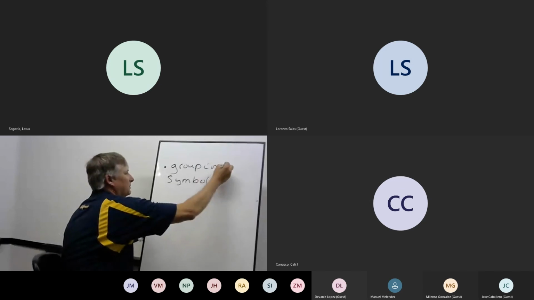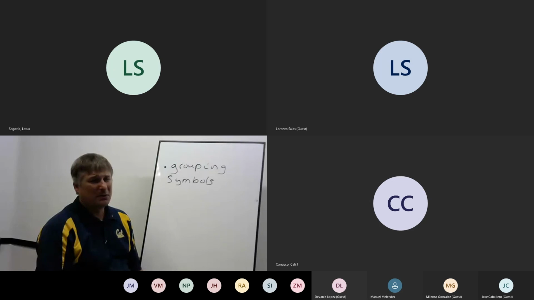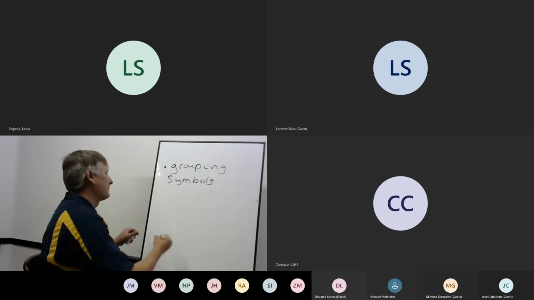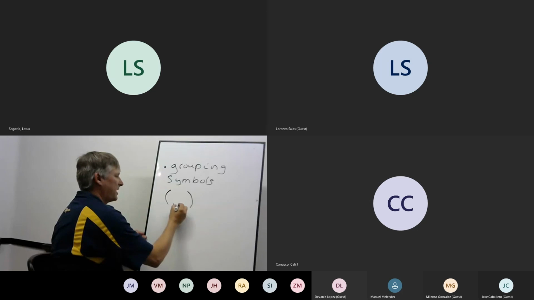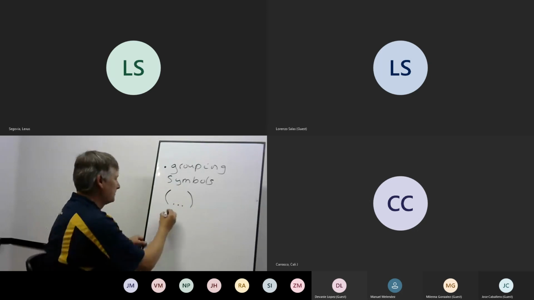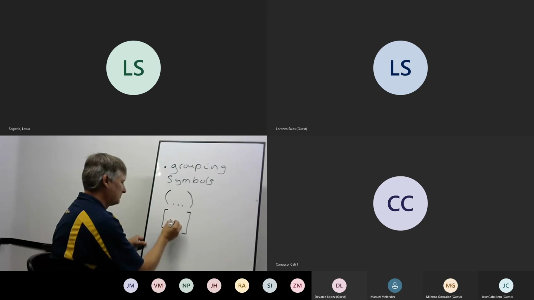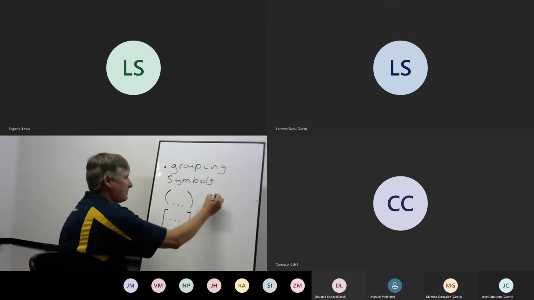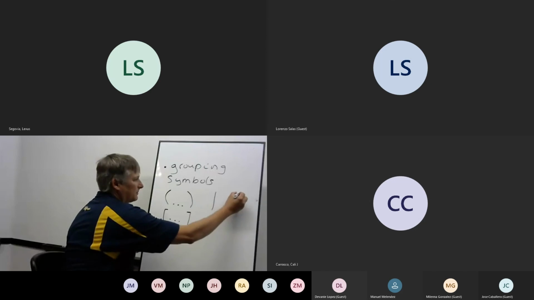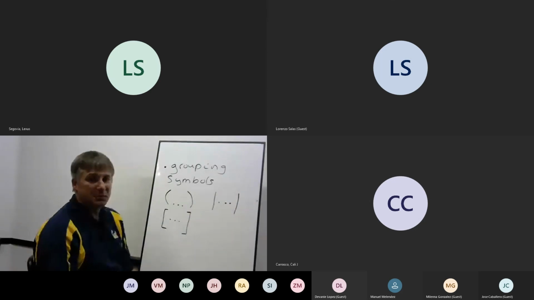So grouping symbols. There's really 2 kinds. Well, first off, parentheses. There's numbers or calculations in between. Brackets. Numbers or calculations in between. Absolute value. They act like grouping symbols. There'll be numbers or calculations in between.